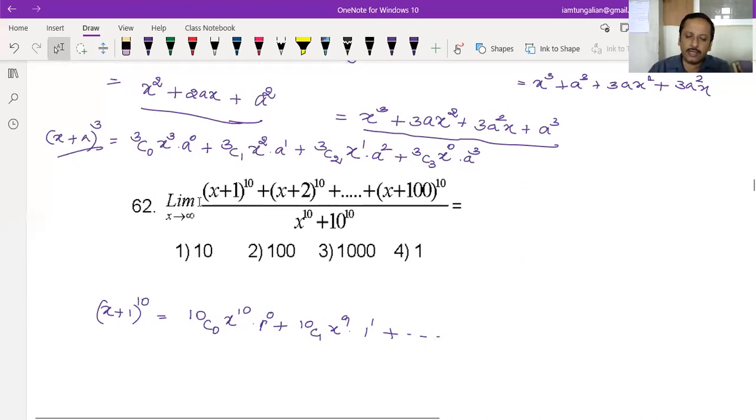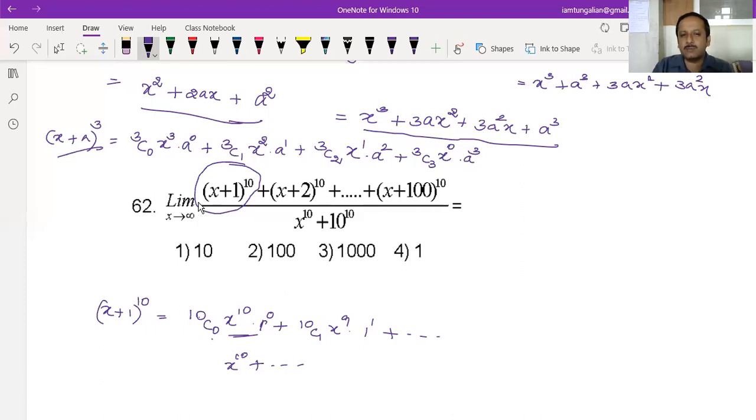Is it clear that this (x + 1)¹⁰, when you expand it, you are going to get a polynomial of degree 10, and the coefficient of x¹⁰, 10C0, is 1 into 1. That is 1 into x¹⁰ plus something.